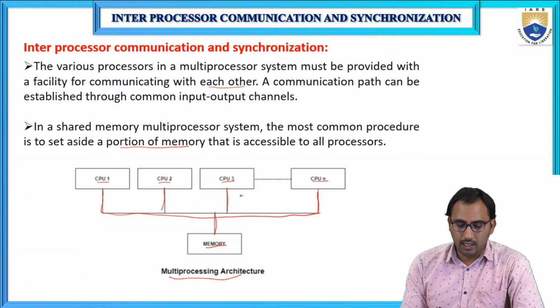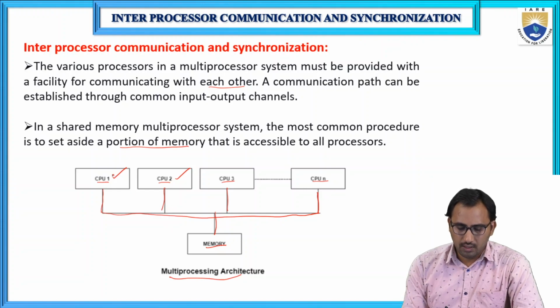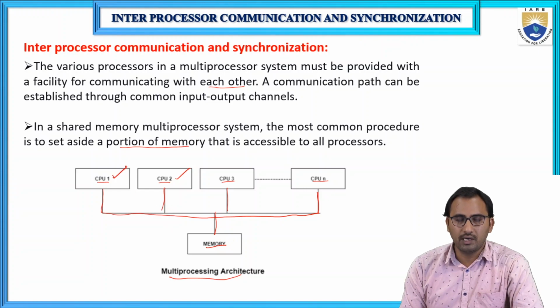Here, inter-processor communication means one CPU is communicating with another CPU through a shared memory. Suppose CPU 1 wants to communicate with CPU 2. CPU 1 places data or information through the common bus system into the memory.